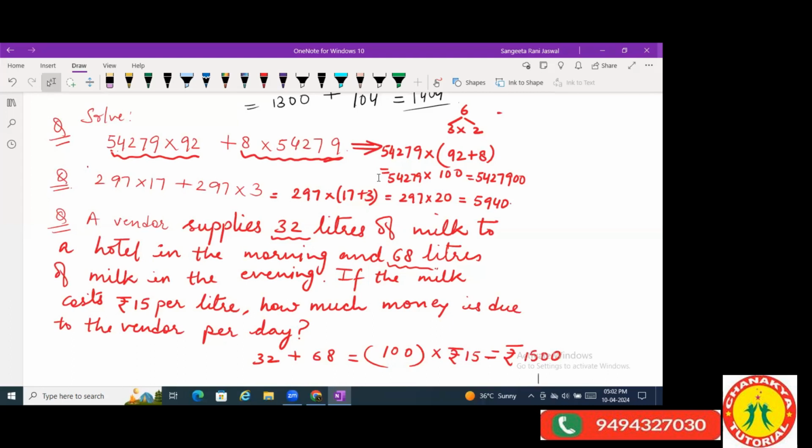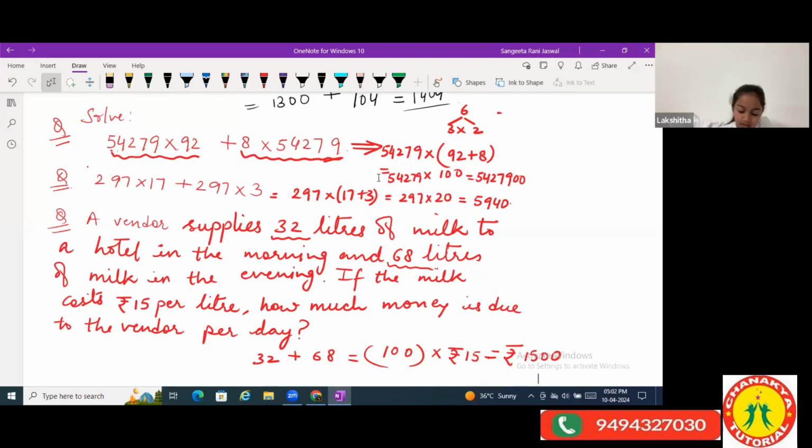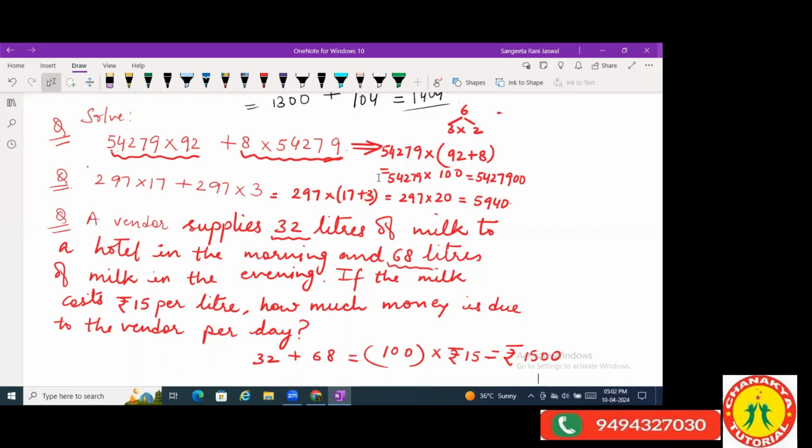In geometry, for example, obtuse angle, acute angle, you have the introduction in basic geometrical ideas, and constructing of the angles you have in your practical geometry chapter. How do you construct with the compass, triangles and scale.